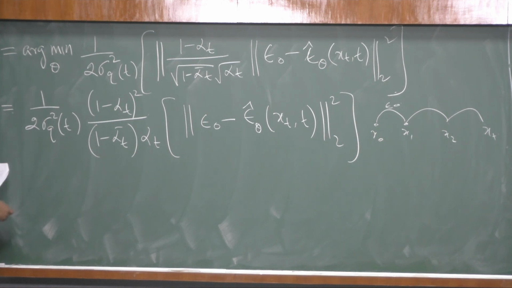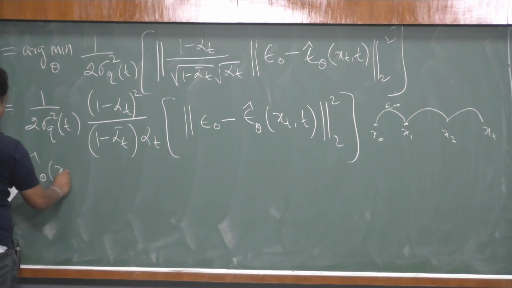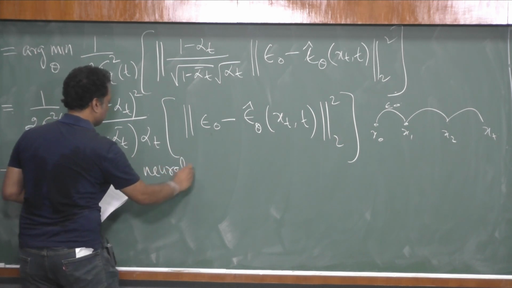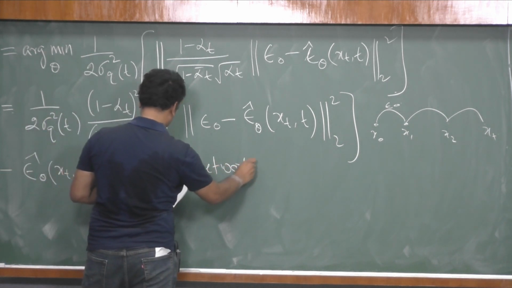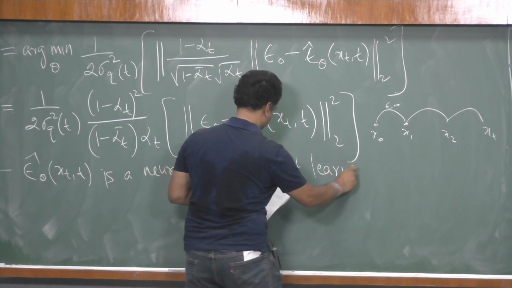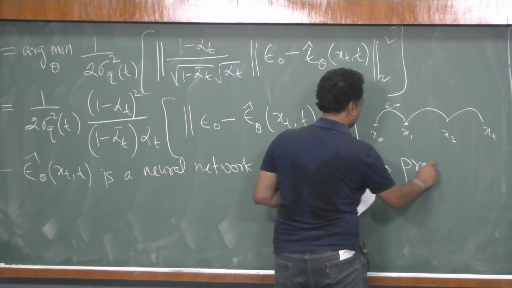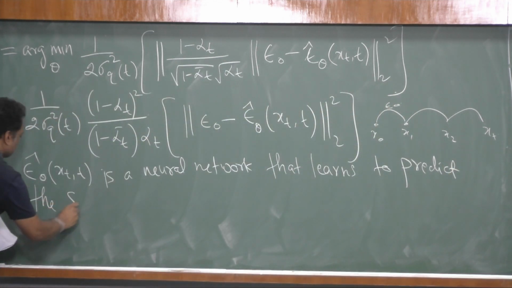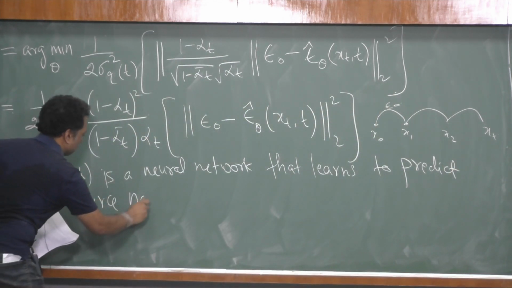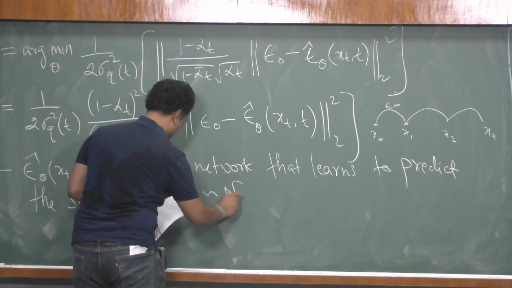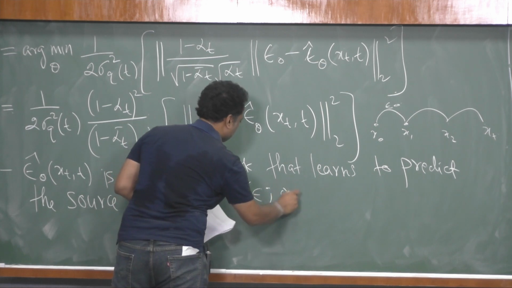So we can write a few lines in words. Here epsilon hat theta of xt, t is a neural network that learns to predict the source noise epsilon naught, that is the standard normal, epsilon sampled from normal 0, identity.